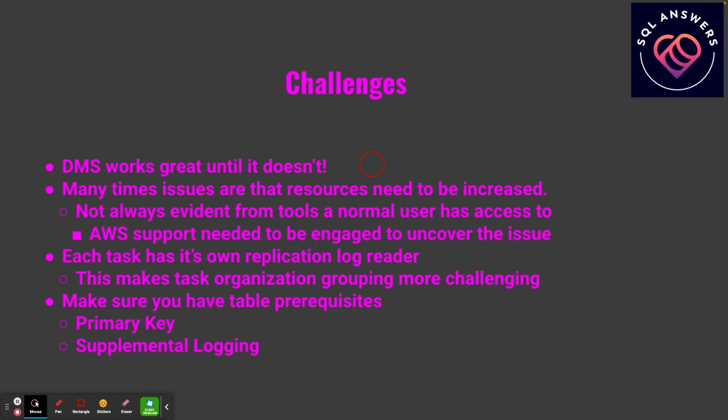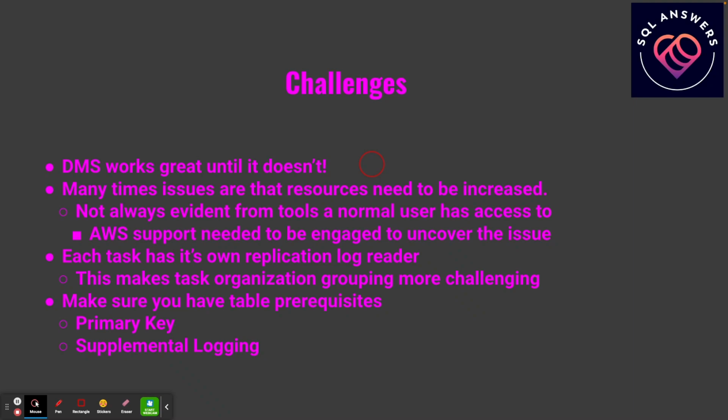So there are certain things that are just not exposed to a user that they were able to go and look at some log or some console that we don't have access to and determine that certain resources, like memory or disk space on the replication instance, were an issue. And I think they're improving a lot of this stuff. So over time, they're adding these capabilities and monitoring in. So I think long term, a lot of this will be self-service. But in the past, I've had to get support involved to solve some of these problems.